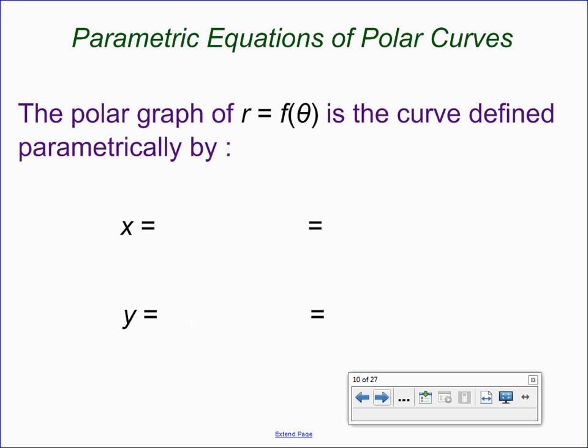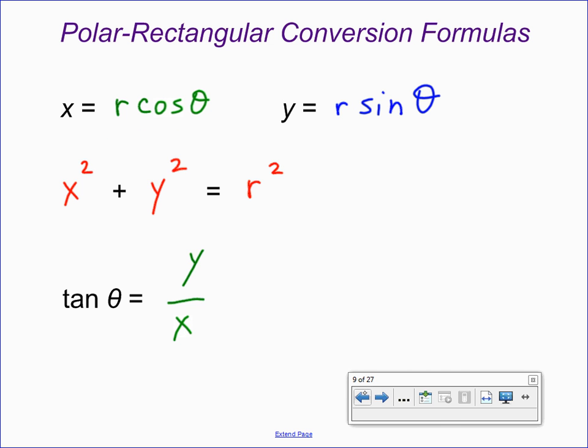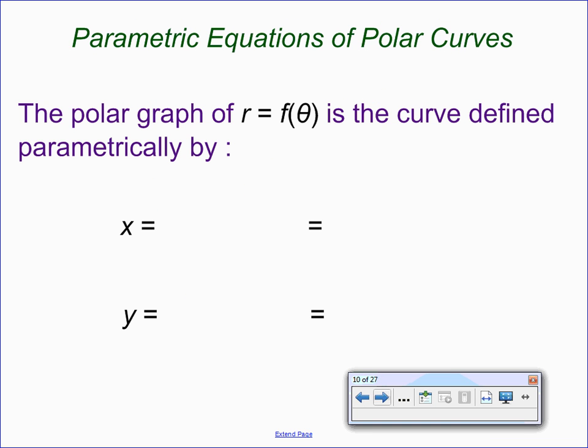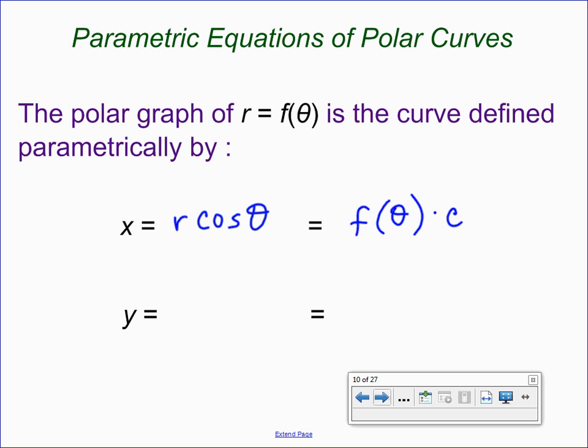All right. Let's see. We need parametric equations of polar curves. Yes, we do. So we saw that x is given by r cosine theta, and we'll now let our generally defined function be given by f of theta. So let's rewrite this same thing, x equals r cosine theta, but now we'll start substituting in my function f of theta for my r value. So this will be f of theta times cosine of theta.